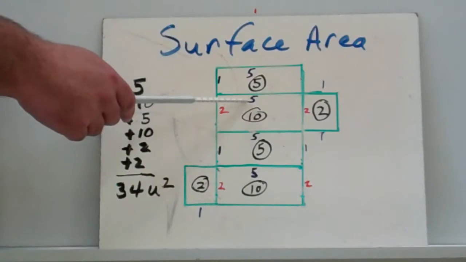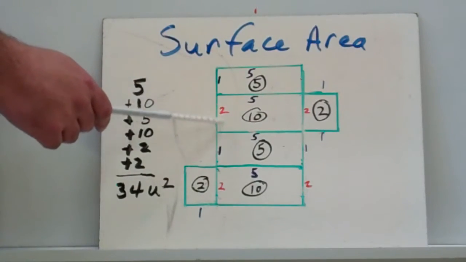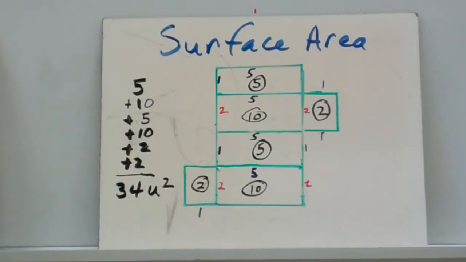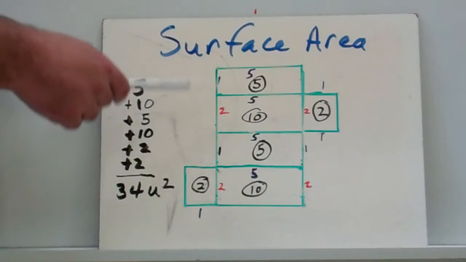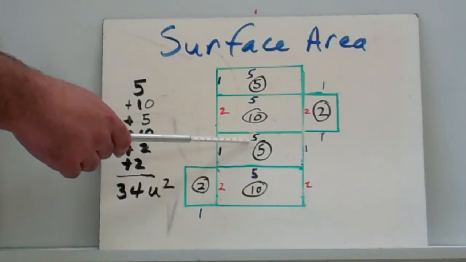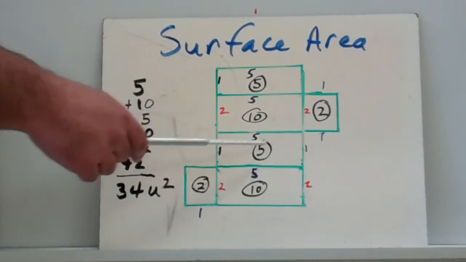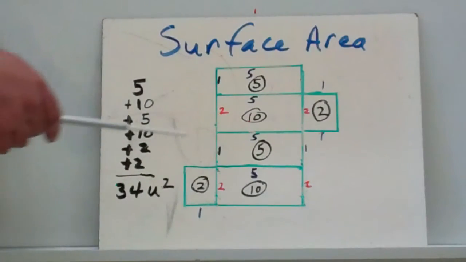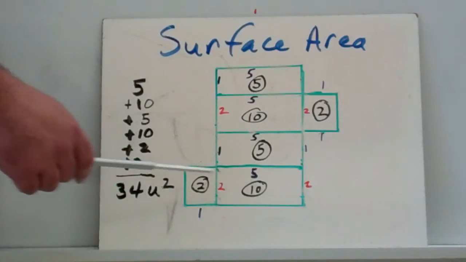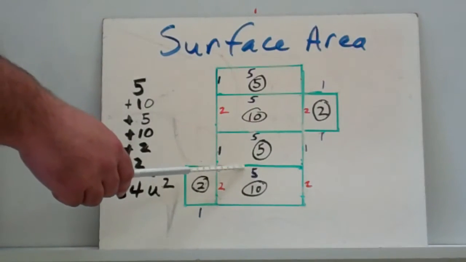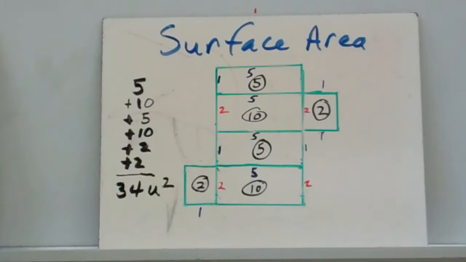And then we have a length of 5 and a height of 2, so 5 times 2 would give me an area of 10 for that one. We're on to the other smaller side here. The length here and the width of 1 would give me an area of 5. And then for the other face, the longer face, 5 times 2 again would give me 10.